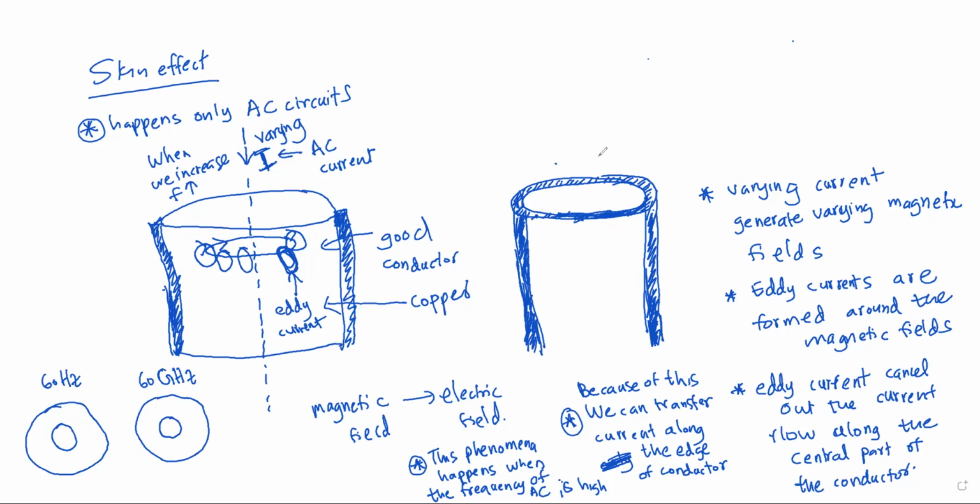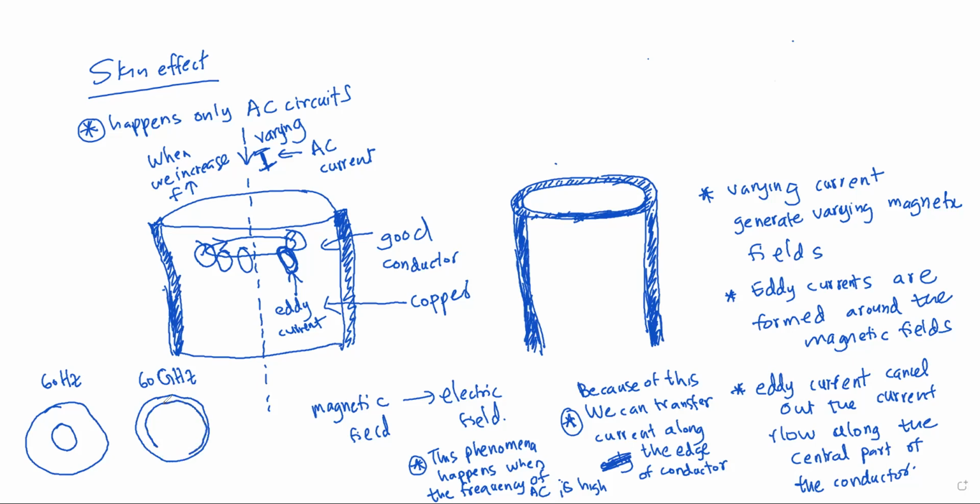Then the area in which we can carry the current is limited to only the edge of the conductor, which is a considerably low surface area when considering the entire conductor surface area. So we only have the conduction happening in the edge of the conductor, not all over the surface area.